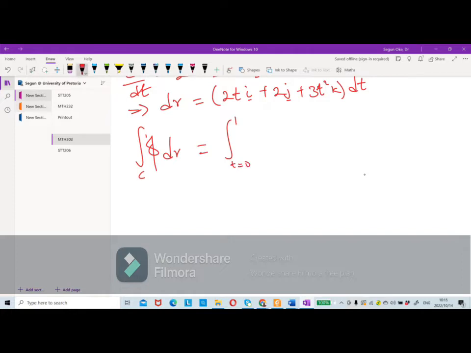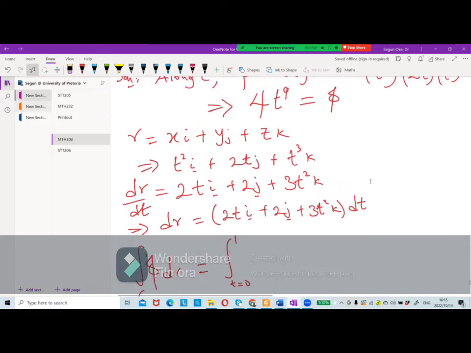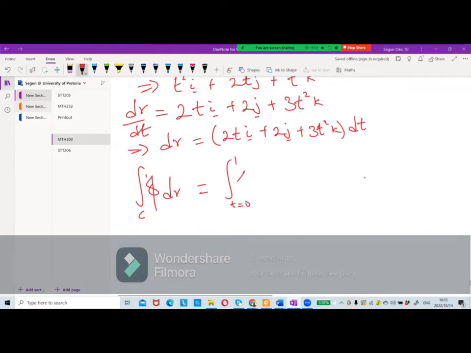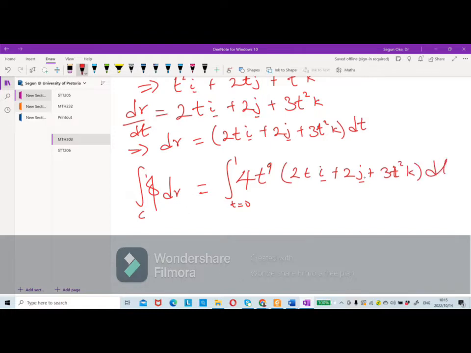So what is phi now? Our phi is what? 4t raised to power 9. In brackets, what is dr? dr is 2t i plus 2j plus 3t squared k, dt.